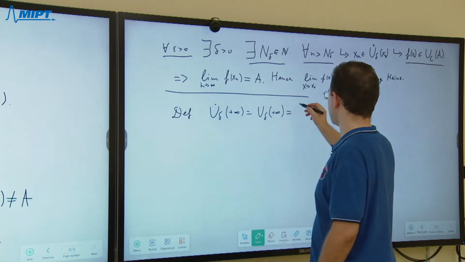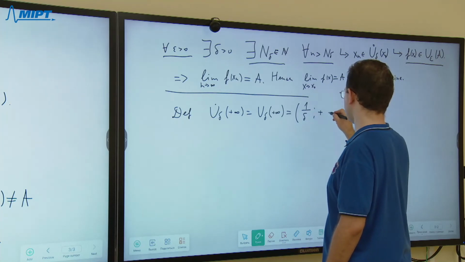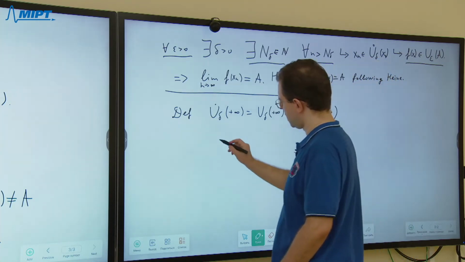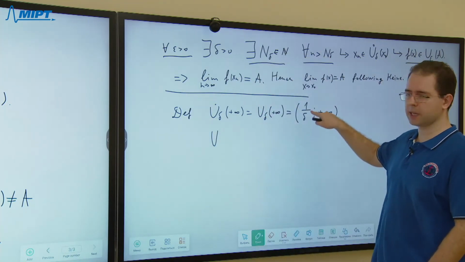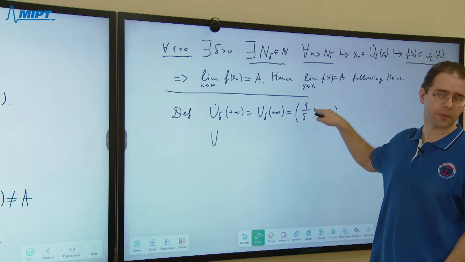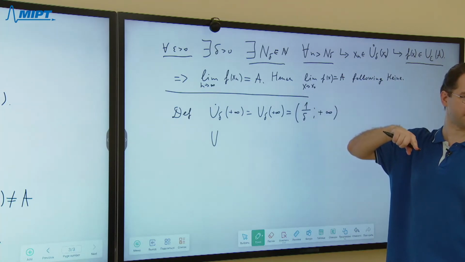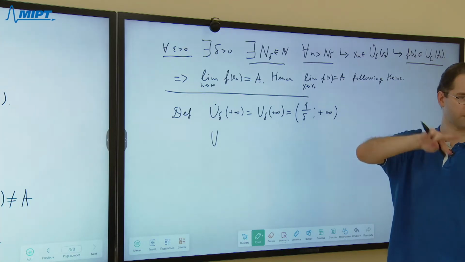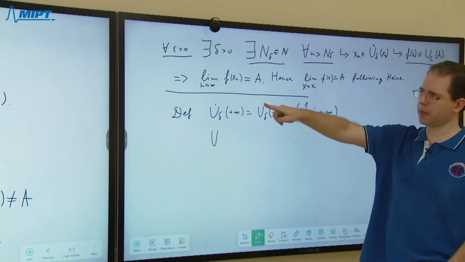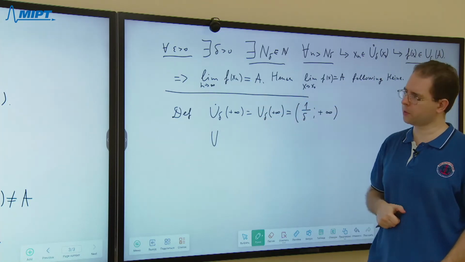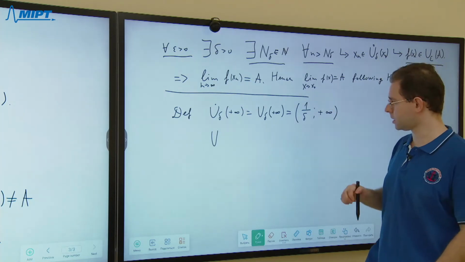And this will be the set of numbers from 1 over delta to plus infinity. So basically I'm just putting 1 over delta instead of delta there. Since delta is a positive number, it doesn't matter. But this way, my proof for this theorem works universally for all of the symbols.